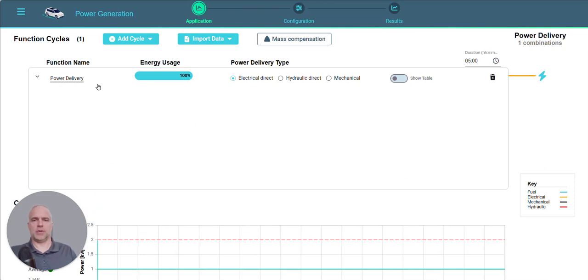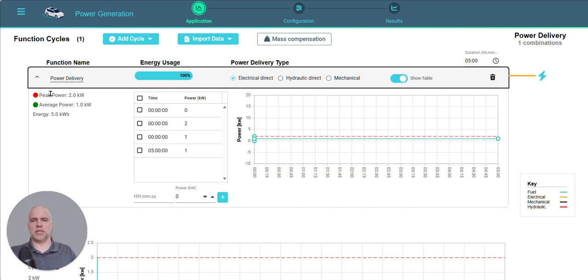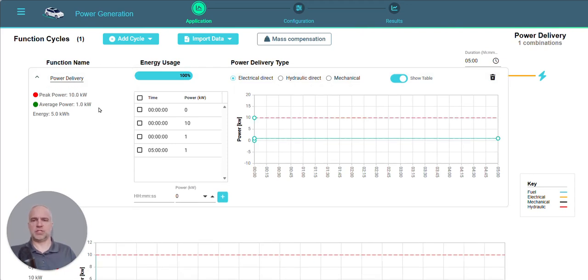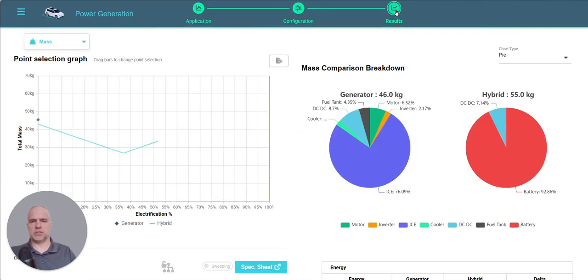The reality, we'll go back to the application, is it can get more complicated than that. What if instead of a 2 kilowatt peak, you had to deliver 10 kilowatts instantaneously on the profile? How does that change the results? And now you can see mass as the KPI. There's a clear knee in the curve.